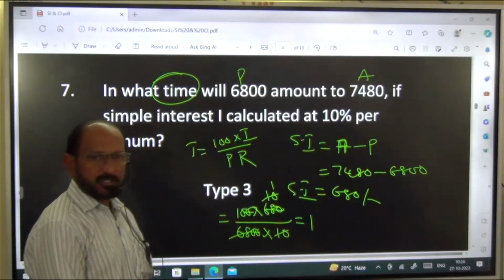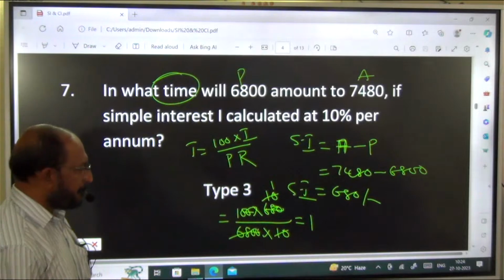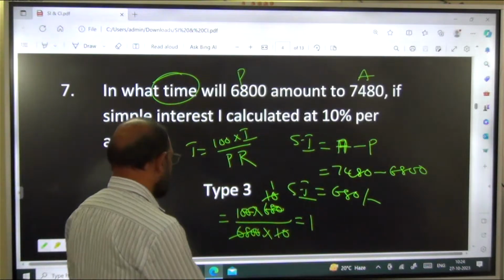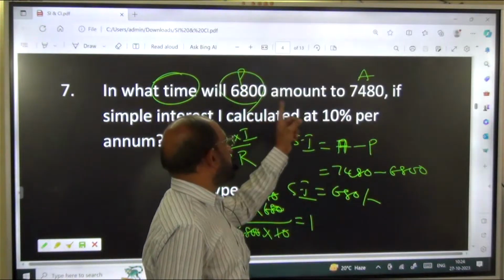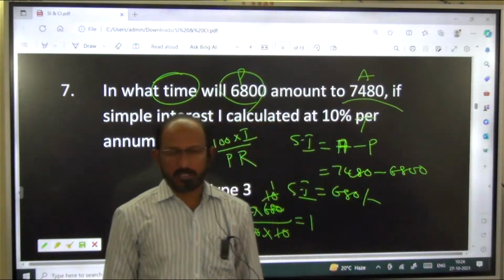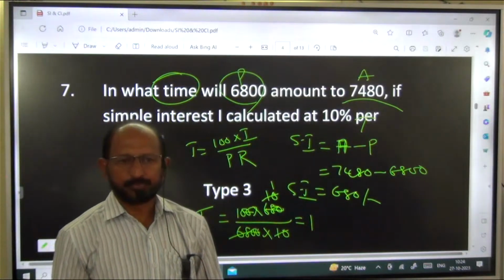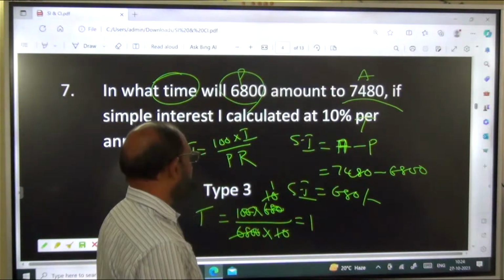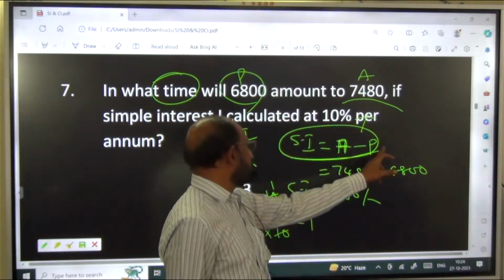So what we got is the time is 1 year. In 1 year, this amount is going to become 7,480 rupees. Is it clear? So SI, how to find out? Amount minus principal.